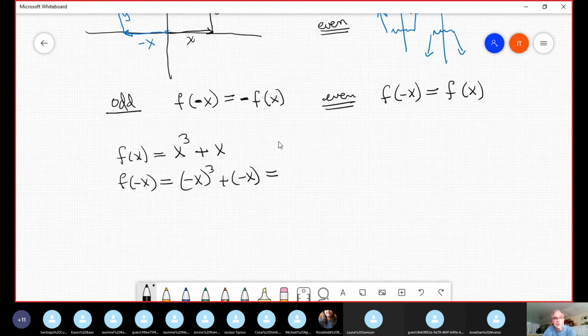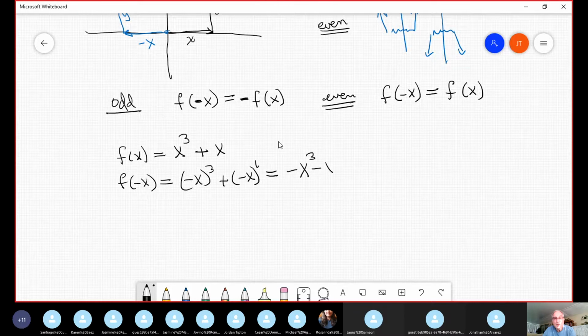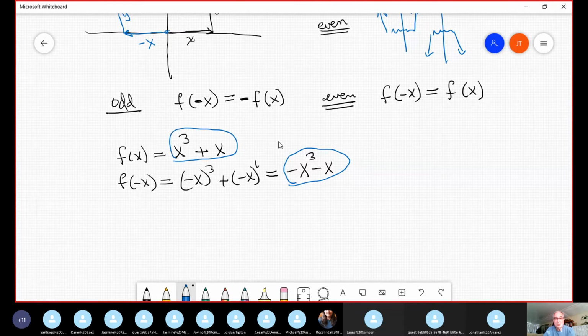When the exponent is odd, it's negative. In this case, the exponent is 1, and it is negative. And we compare this function and this function. Are they twin brothers? No, no twin brothers. They are completely opposite in sign? Yes, because this is plus and this is minus. So this function is an odd function.